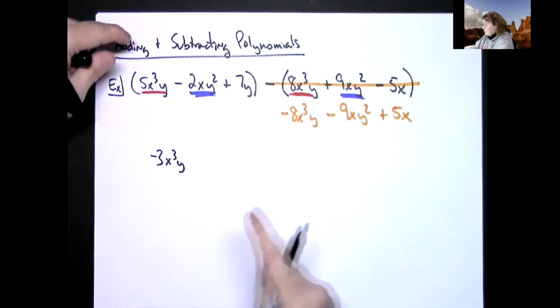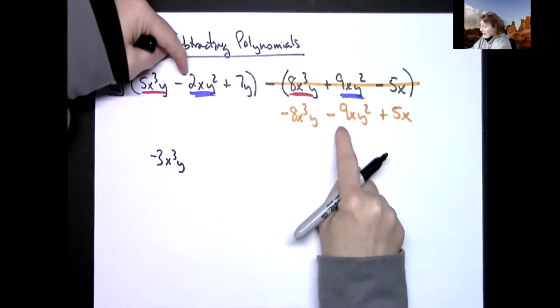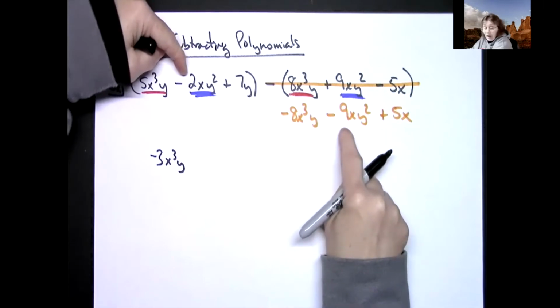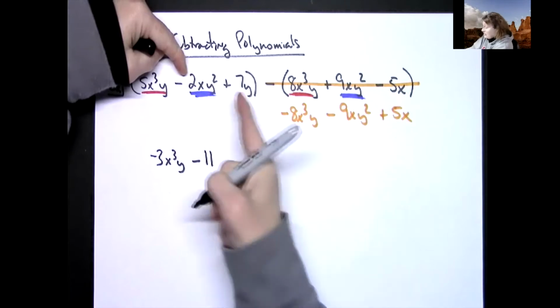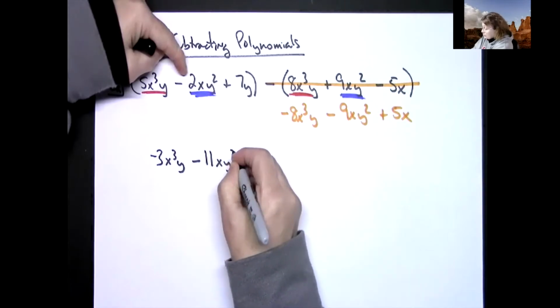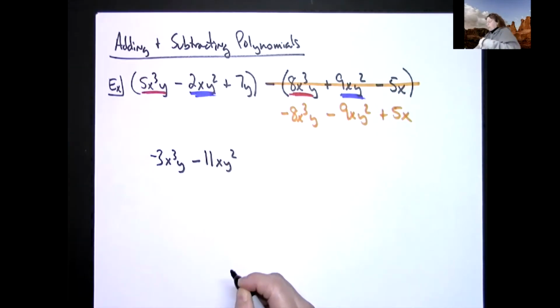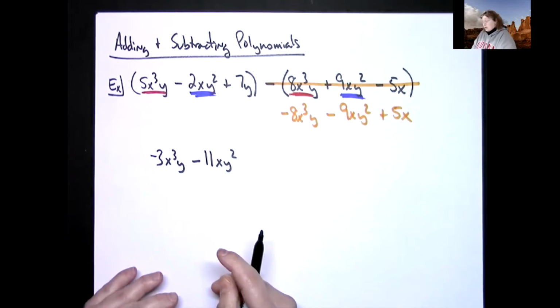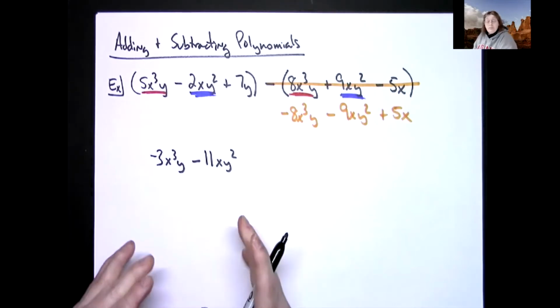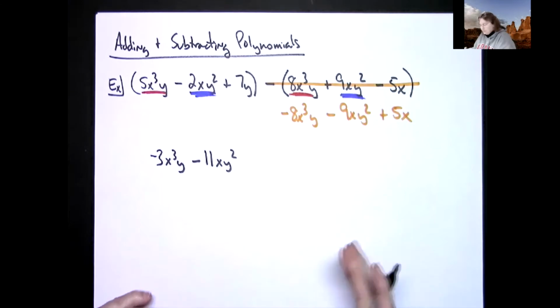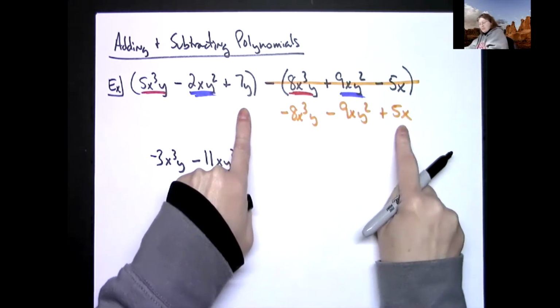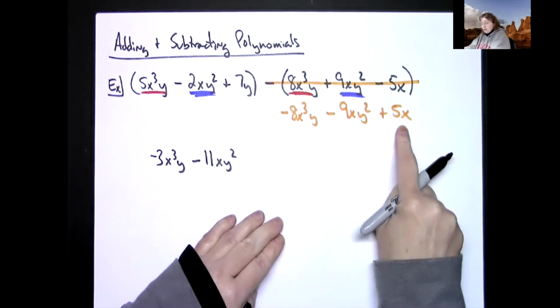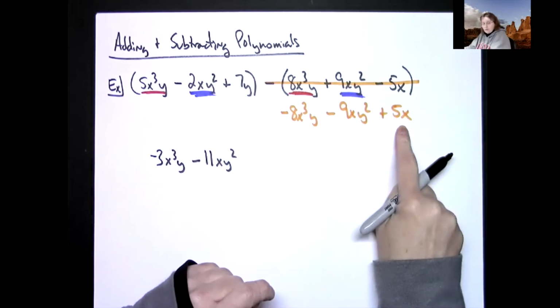And again, don't let me make any mistakes here. This is a -2 and this is a -9, so I'm going to put those together as -11, and all the variables and exponents remain the same. We have a tendency to put polynomials in alphabetical order, but I'm not going to be overly picky on the order in which you put the terms.